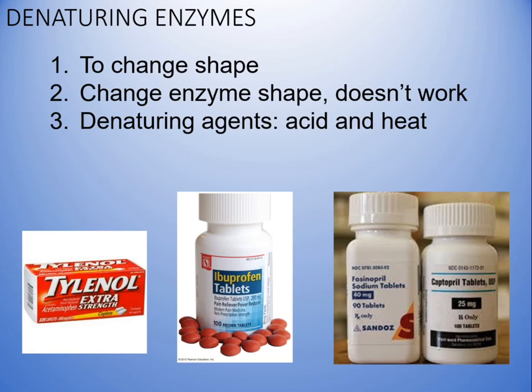What types of things can do this to enzymes? What can denature an enzyme or change its shape? Acids and heat. And that's discussed in another mini lecture. But also, some of these things that you have listed down here, painkillers and these high blood pressure pills on the right, are enzyme inhibitors.